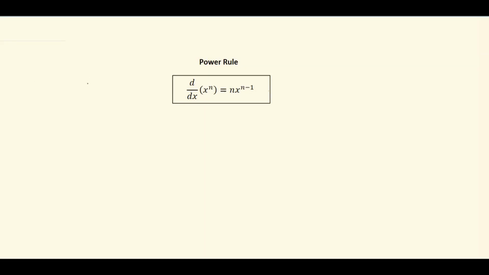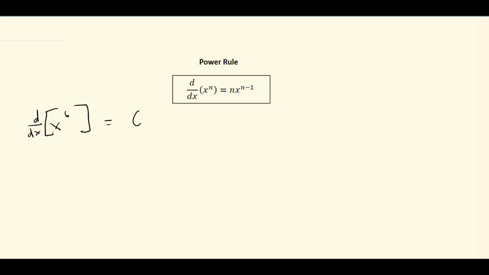The definition of the power rule says that if we have x to the nth power, then its derivative is going to be n times x to the n minus 1. So what does that mean? If we have x to the 6th, and we're asked to find the derivative, then according to the power rule, we have to bring this power down.